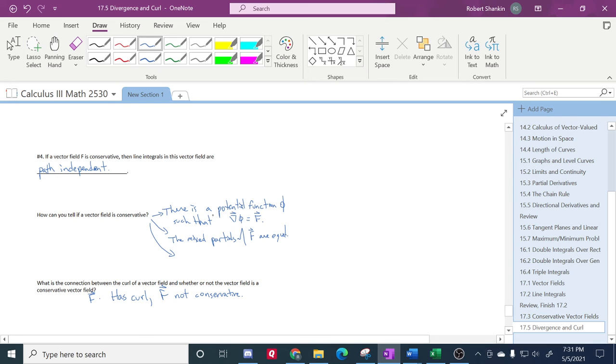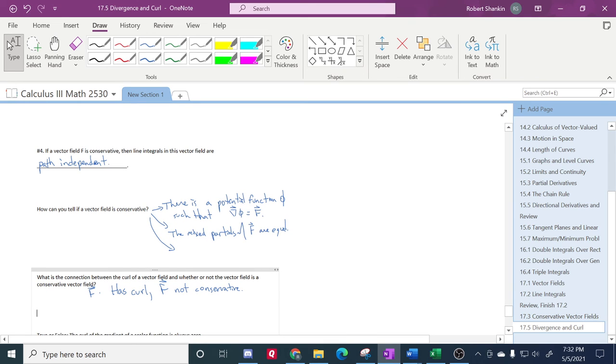There's a theorem. F is conservative if and only if the curl of F is zero, is the zero vector.